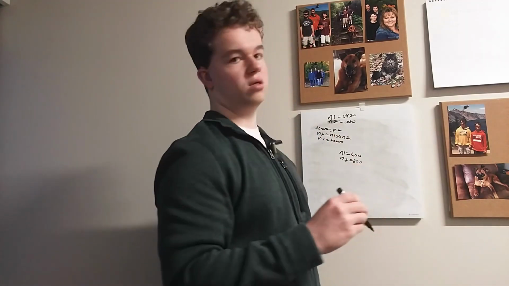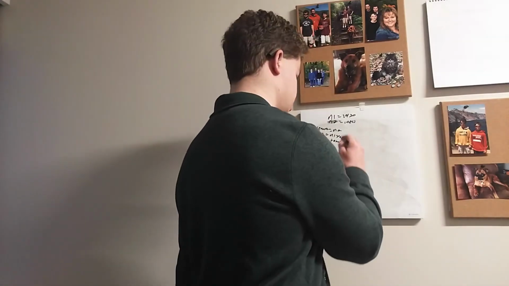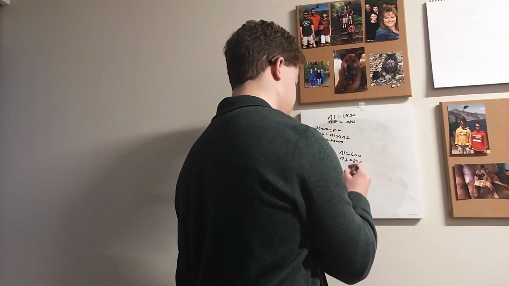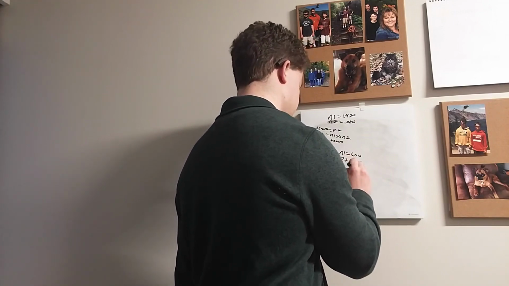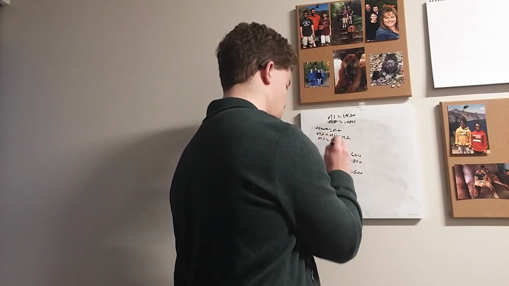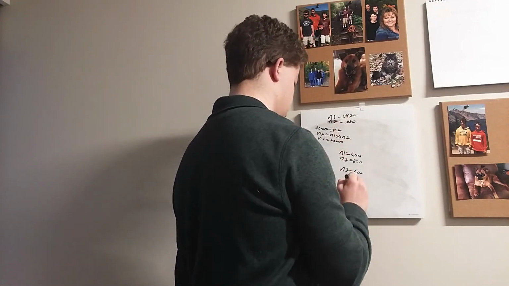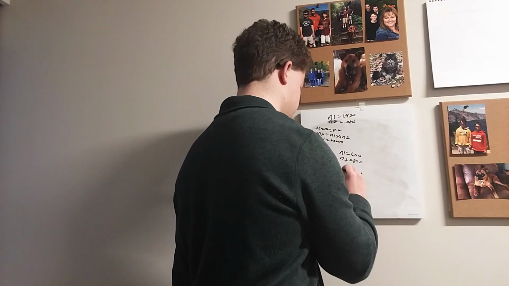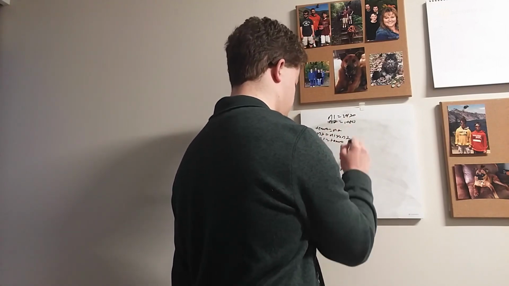Since it's less than 1, not even 1, 600 modulus 800 is actually 600. So n2 becomes 600. n1 becomes 800.